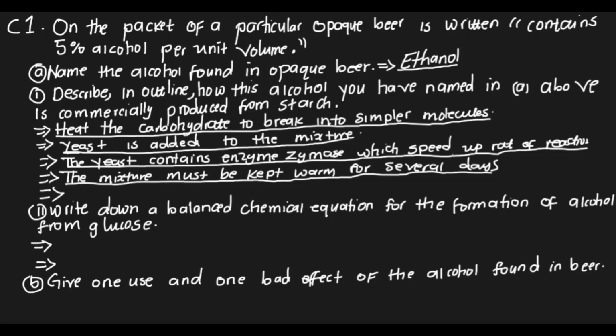You may encounter a question: why is the temperature of the mixture kept favorable? So that the enzyme, zymase, can operate effectively. If the temperature is too high, the enzymes might be denatured, and if the temperature is too low, the enzymes might be inactive. To make sure that the enzymes are working at their best rate, we need to keep the temperature favorable.